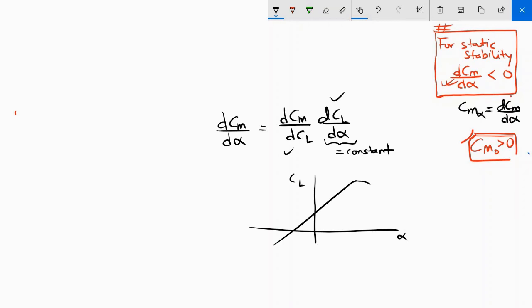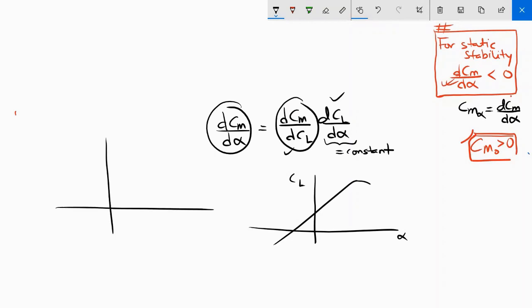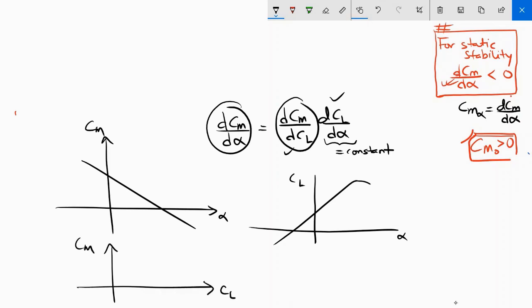So the trend that you will get for Cm versus alpha will be the same as the trend you will get for Cm versus Cl. So if this is my Cm versus alpha, then Cm versus Cl will also look the same.